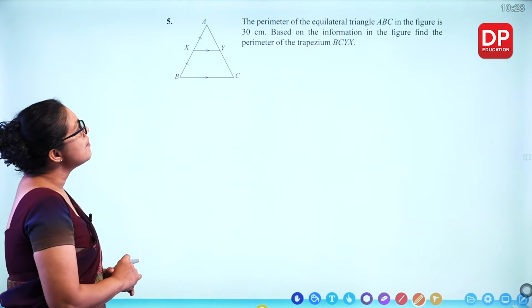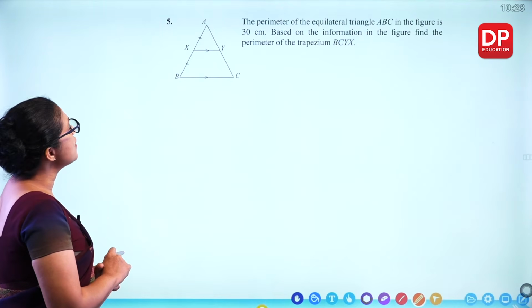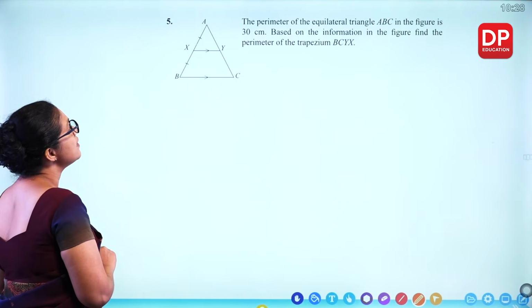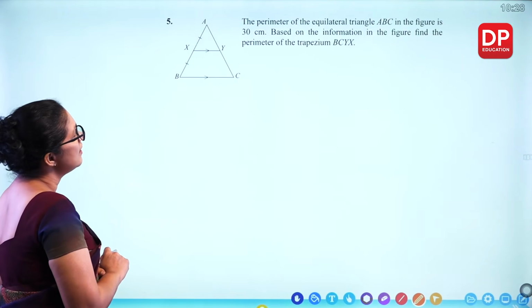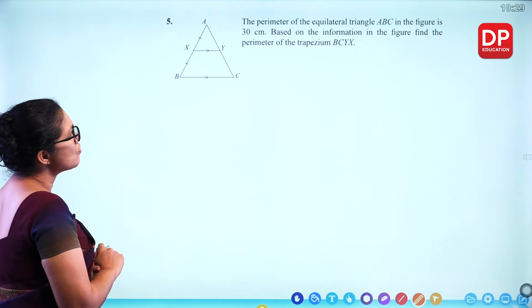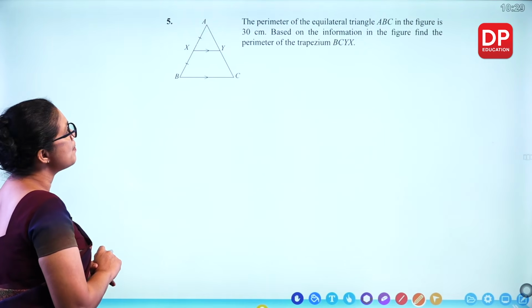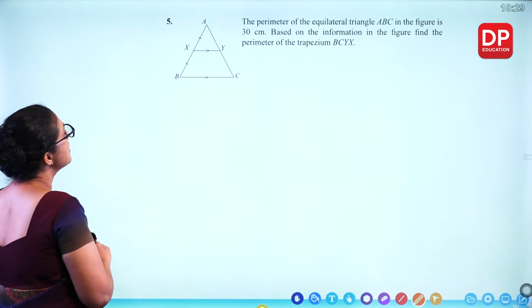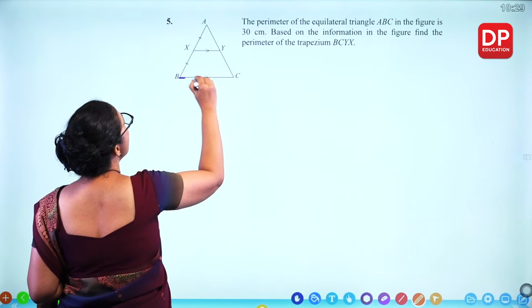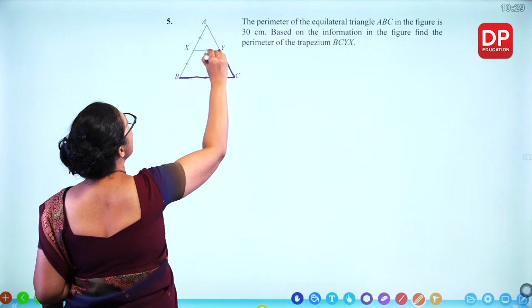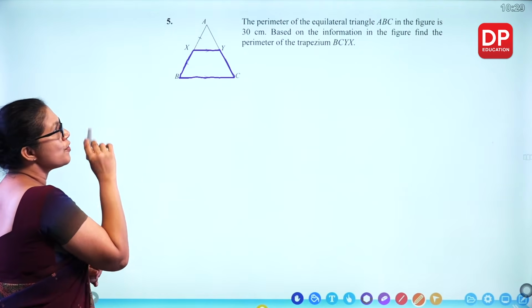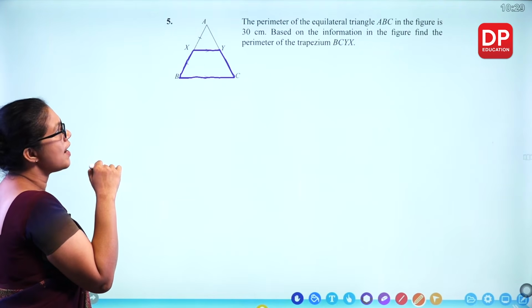Question number 5. The perimeter of the equilateral triangle ABC is given 30 centimeters. Based on the information in the figure, find the perimeter of the trapezium BCYX. Now, we know the perimeter of the equilateral triangle is 30.